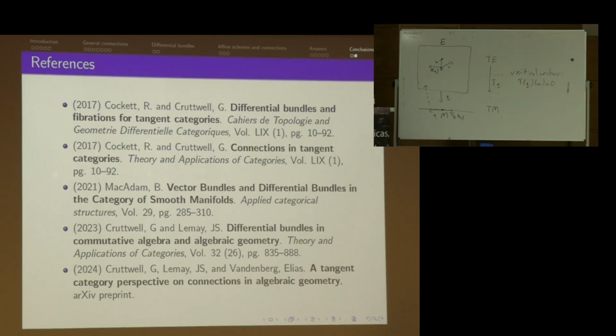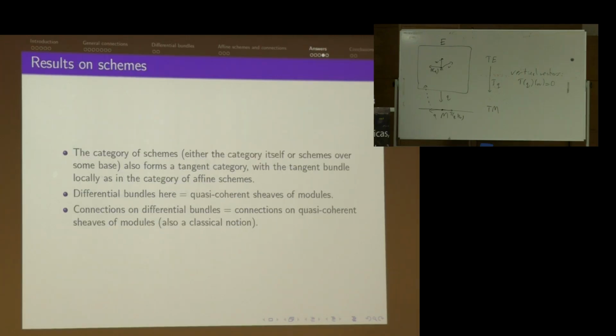Sorry. Yes. I just want to see the slide where you mentioned the quasi-coherent sheaves. The key one? Yeah. I thought the differential bundles for the affine schemes are the modules. Yeah.